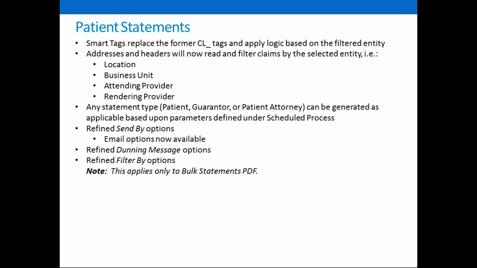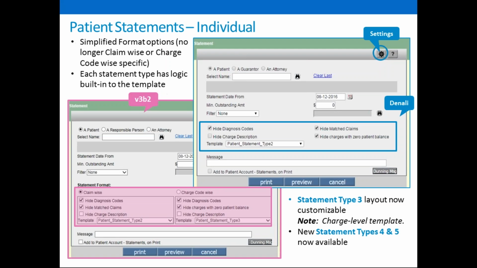This gives you greater flexibility in defining your statement runs, whether you want it at a patient statement, a guarantor statement, or an attorney statement. There are refined send by options, which now includes emailing, refined dunning message options, and filter by options. Those last ones are dealing with your bulk statement mailings.